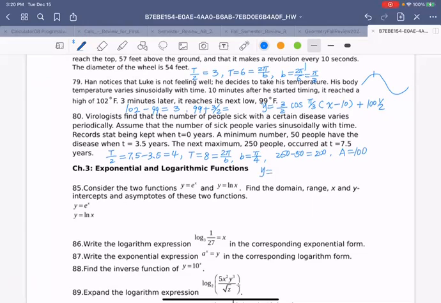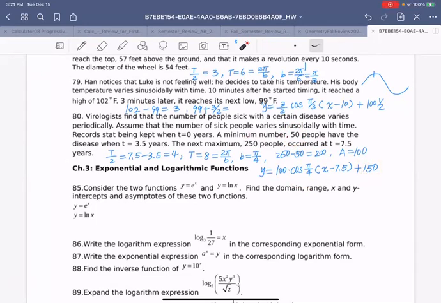So the y will be 100 times cosine pi over 4 times x minus 3.5, and then plus 150, right? So the maximum is 100 plus 150, which is 250, or negative 100 plus 150, which is 50.